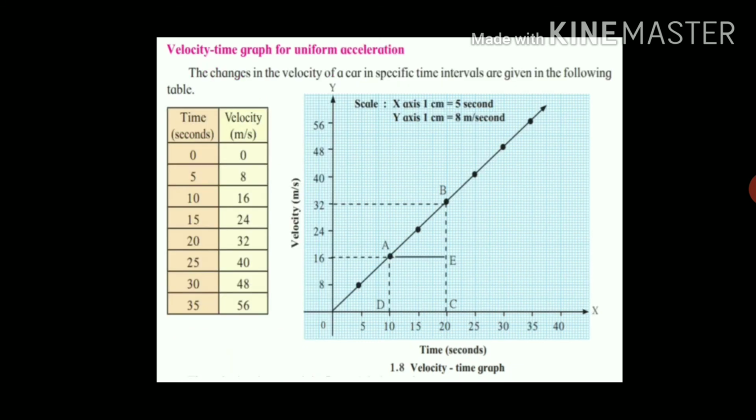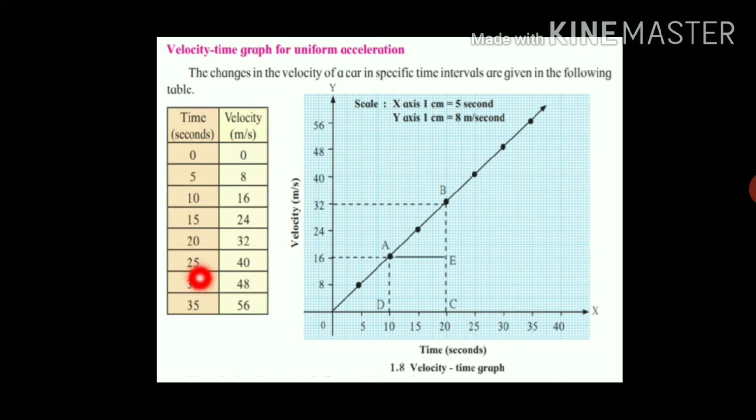Now let's look at the last graph, the velocity time graph for uniform acceleration. The object has a uniform acceleration, and the change in velocity of the car in specific time intervals is given in this table. The equal time interval is 5 seconds: 0 to 5, 5 to 10, 10 to 15.